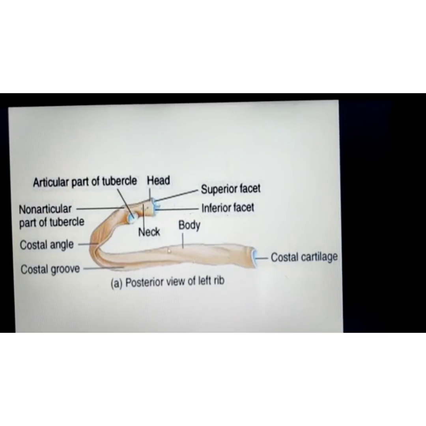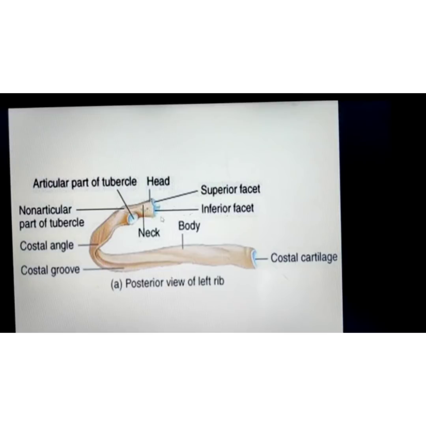To have a quick recap of the parts of a typical rib, the typical rib consists of the vertebral end, as you can see here, the vertebral end or posterior end, the body or the shaft of the rib, and then the sternal end or anterior end.